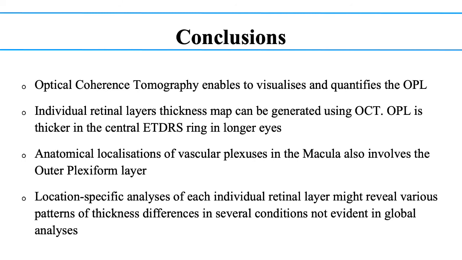The anatomical localization of the vascular plexus in the macula also involves the outer plexiform layer, and in conclusion, the location-specific analysis of each individual retinal layer might reveal various patterns of thickness difference in several conditions not evident in global analysis.